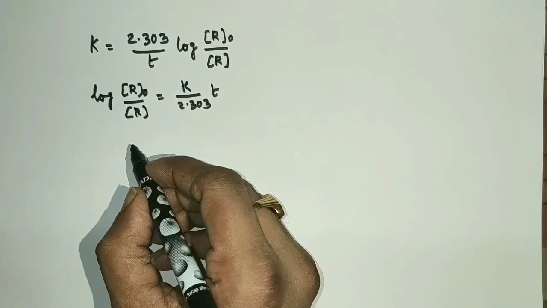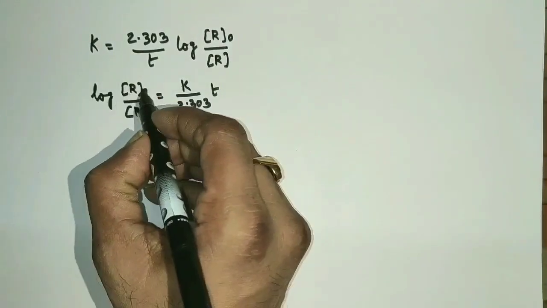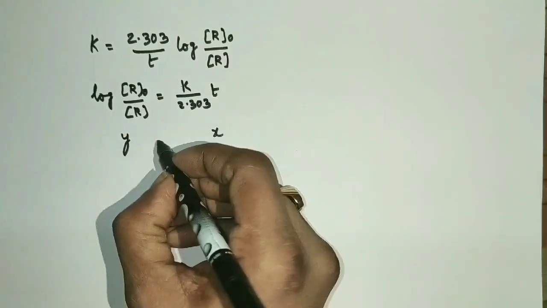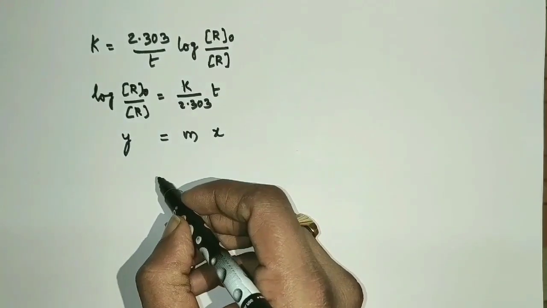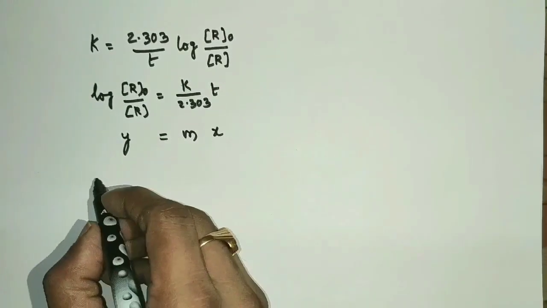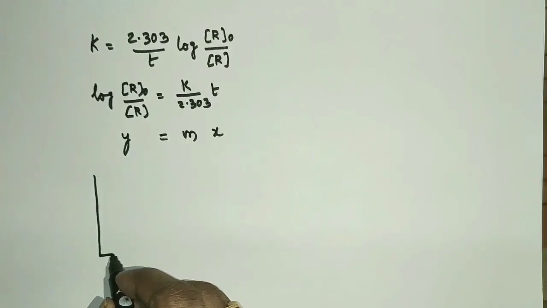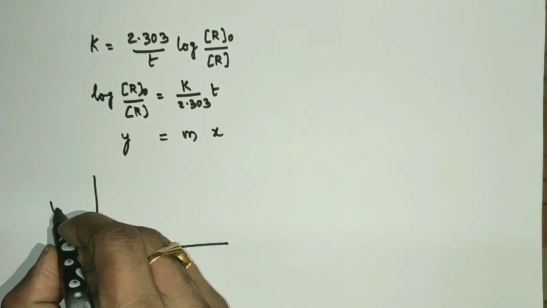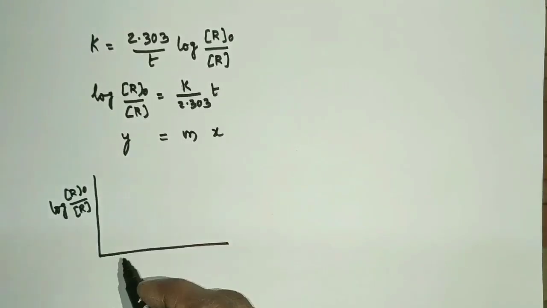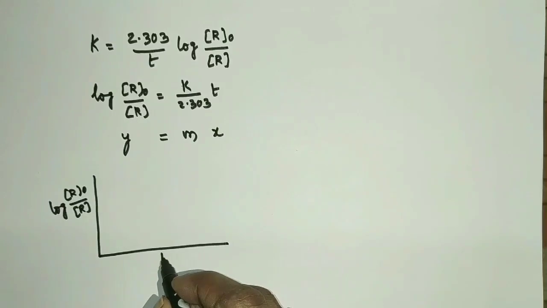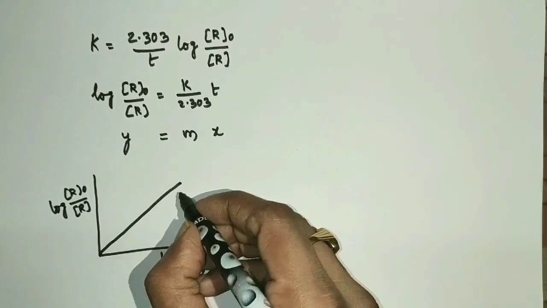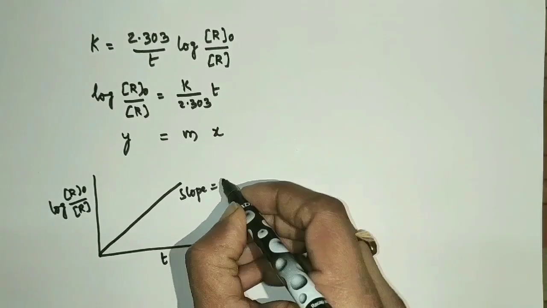And if you consider this log R naught by R as the y variable and time as the x variable, then this is in the form of y equal to mx, a straight line passing through the origin. So if we draw a graph between log R naught by R versus t, then you will get a straight line passing through the origin having a slope of k by 2.303.